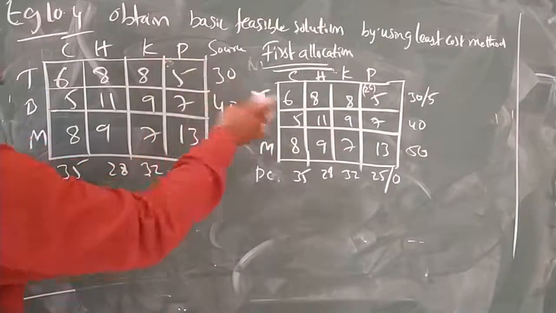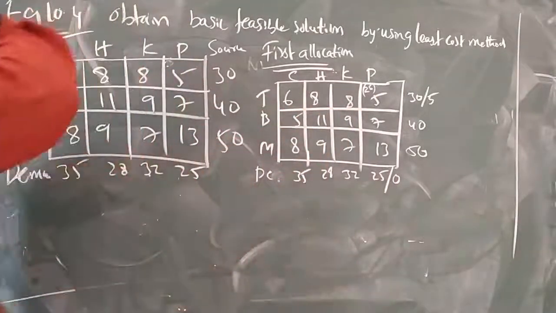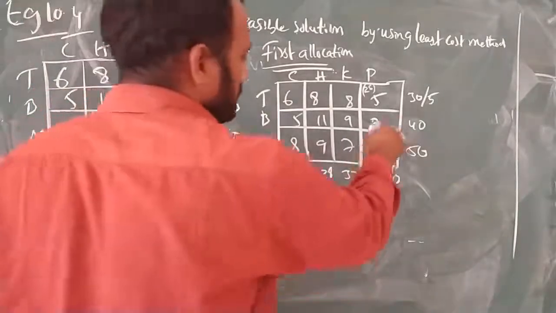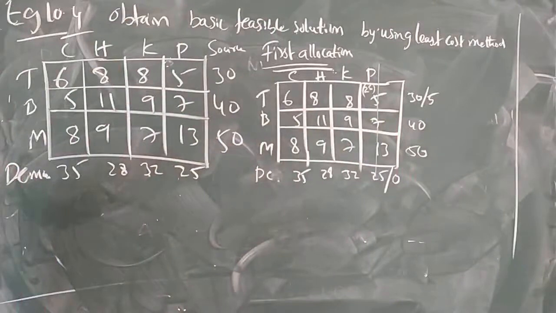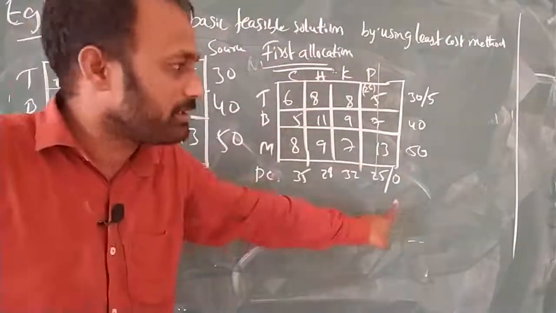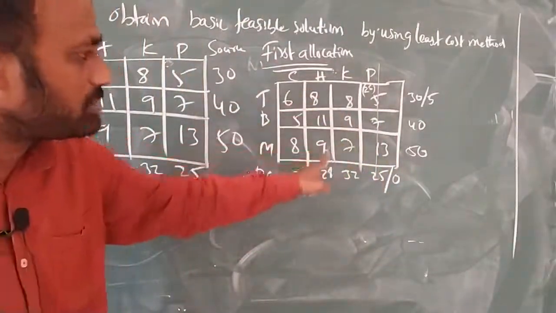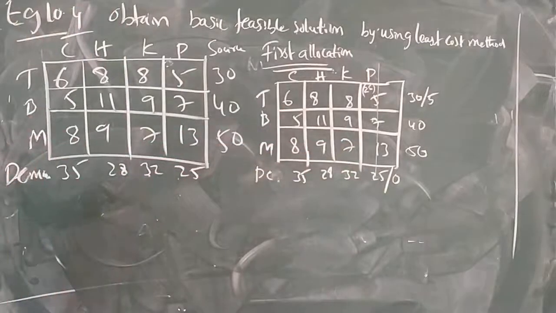Okay, this is the question, let it be in this final table. Now we have to keep in mind that this total row is deleted. This total column is deleted. Now we are left only with these values. Now in these values, let me write the second allocation table.